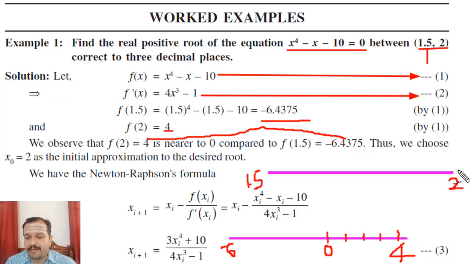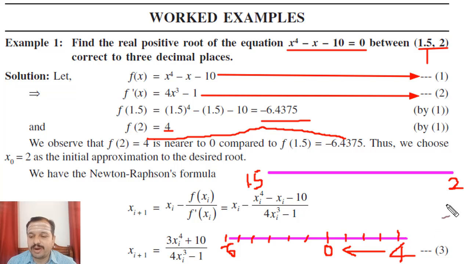And to the left of 0 we will be having minus 1, minus 2, minus 3, minus 4, minus 5 and minus 6. You please see the value minus 6 is much farther from 0 compared to 4. So we can say that 4 is closer to 0 than minus 6.